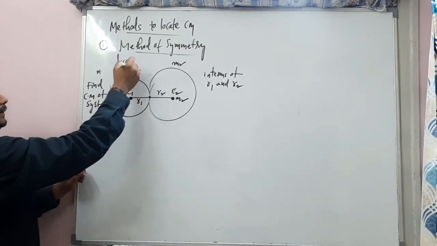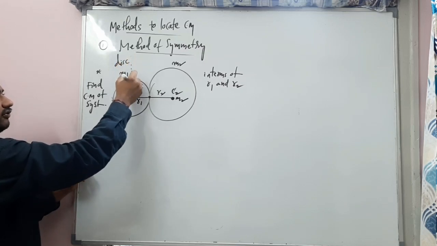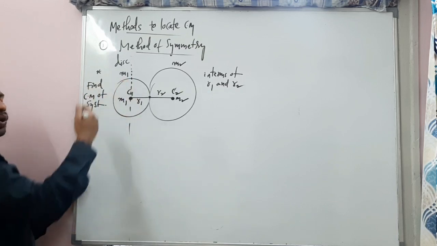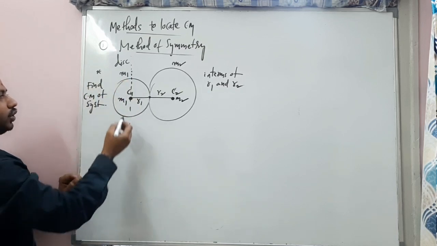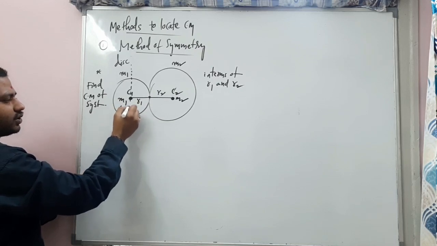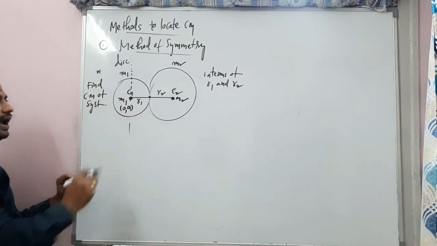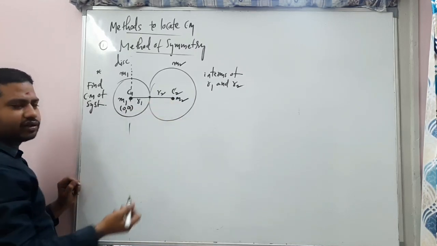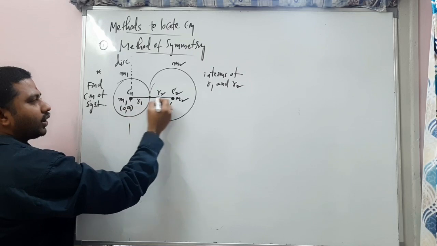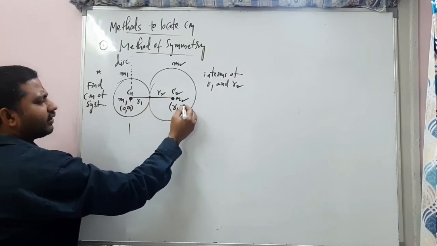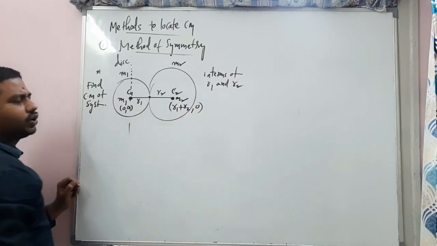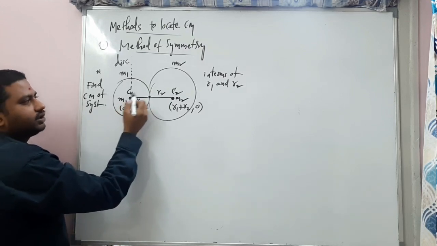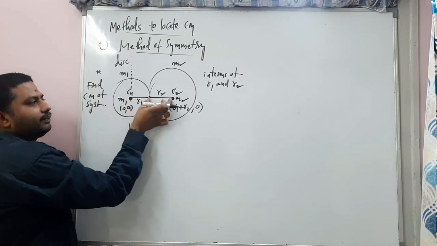Now have a look at it. If you need the center of mass, that means XCM, you need to consider one point as an origin. So M1 is at 0, 0 and XCM will lie on this axis. So where is the position of M2 here? Along the x-axis, M2's position is R1 plus R2, comma 0. Yes or no? Coordinates of M2 along the x-axis. So from the origin, M2 is at a distance of R1 plus R2.